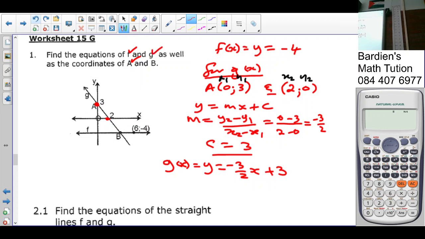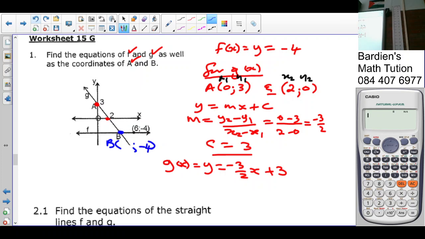So what still needs to be calculated? B. At this point, what do we know about B's coordinate already? What did we say on this line of f? y is negative 4.